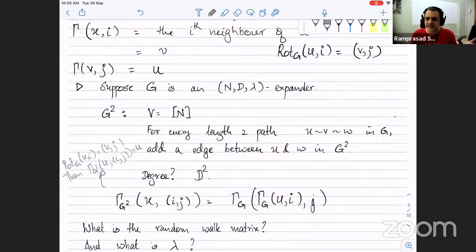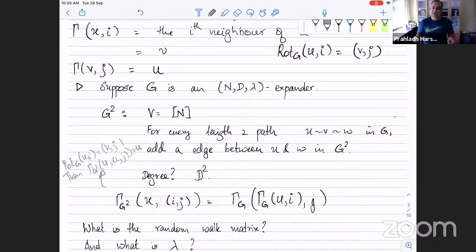It may so happen that both of them get back to me, but I'm going to keep them as separate as possible. So think of it not as the adjacency matrix, but as an adjacency list in which, for every vertex, you have d neighbors in sequence. Did that answer your question?